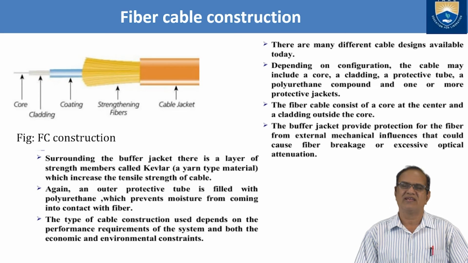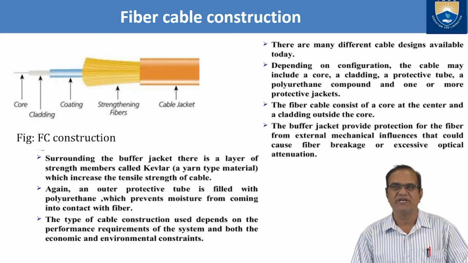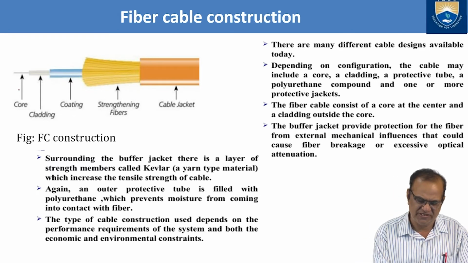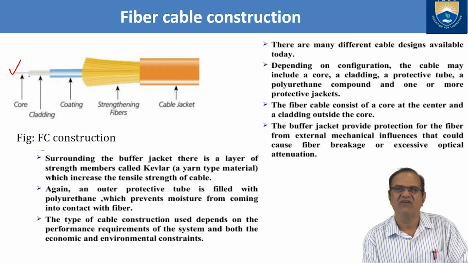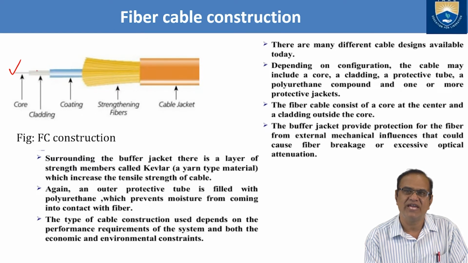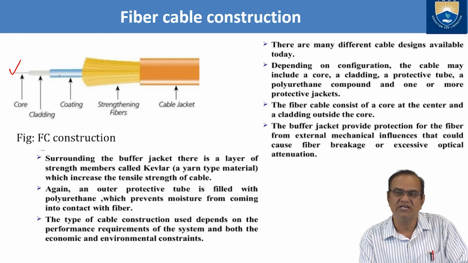Now I will explain the construction of the fiber optics. You can see a very small, very thin core here. Then on top of this fiber we have a cladding, a very thick plastic material. After that we have a coating.